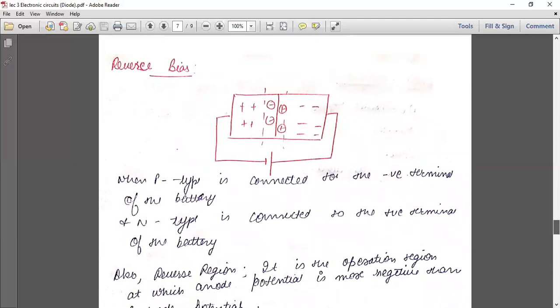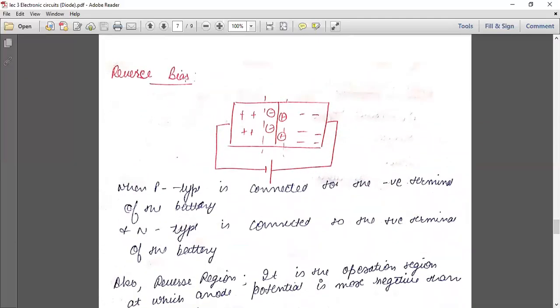But when we talk about reverse biasing, the process is reversed. The p-type is connected to the negative terminal and the n-type semiconductor is connected to the positive terminal. So what happens in this arrangement? The negative terminal releases electrons, so it attracts the positive holes present in the p-type.